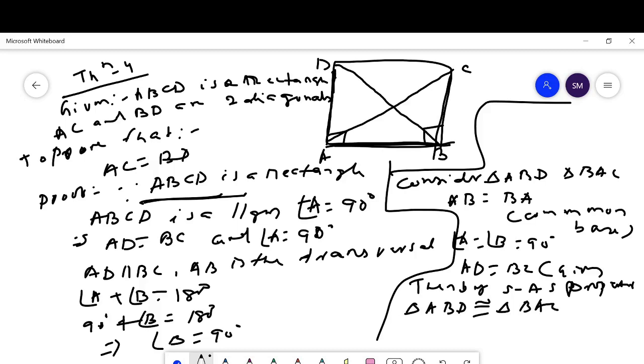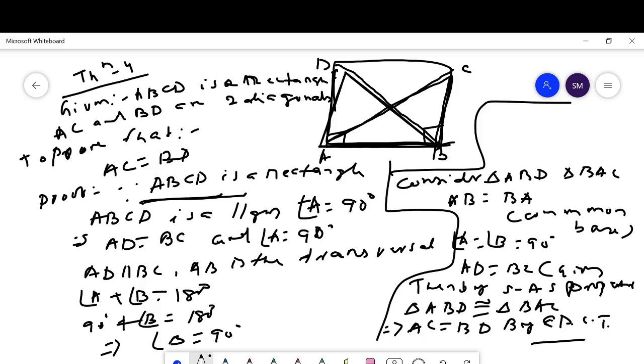By the SAS property, these two triangles are congruent to each other. When they are congruent to each other, which implies AC is equal to BD by CPCT, corresponding parts of congruent triangles. What do you mean by CPCT?